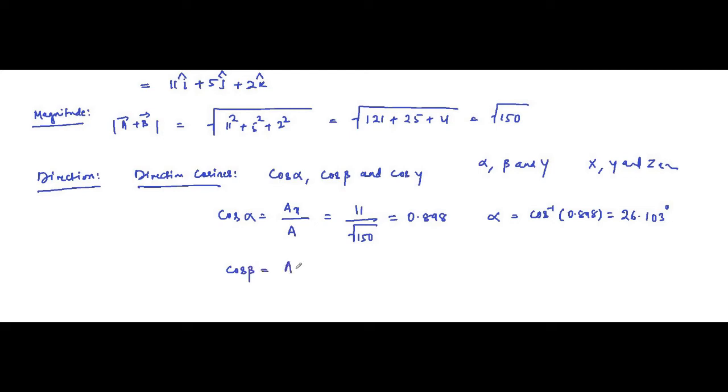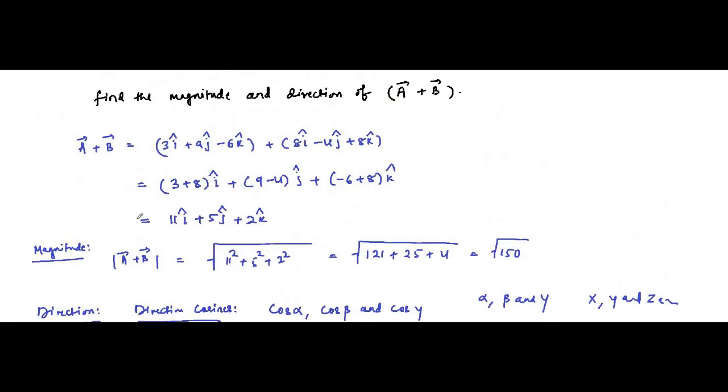Then cos beta, that is the y component of the vector A plus B and the magnitude. Here I am talking about the resultant vector.